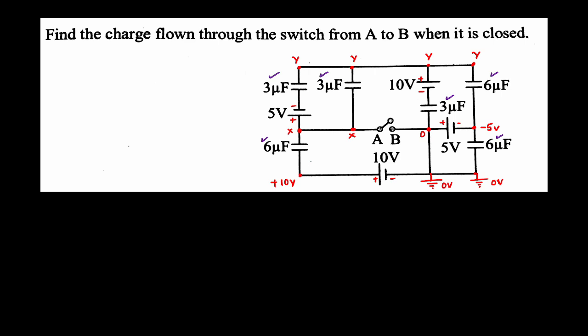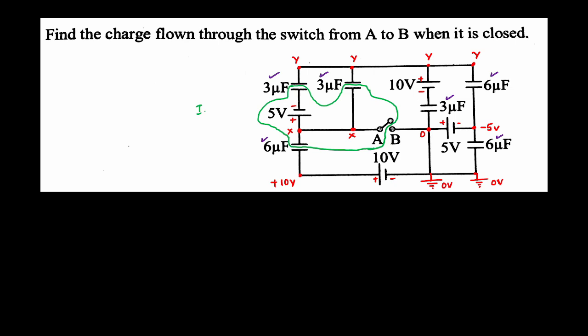Observe that since we need to find out the charge flowing from A to B, I want you to think about this and this, this one, and this. If you consider only this green part, you can see that it is like an isolated system.